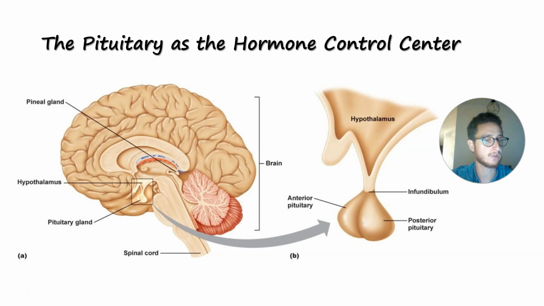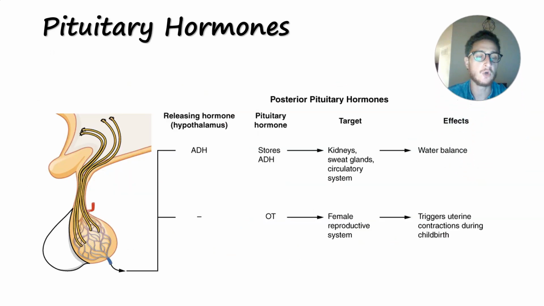So let's take a quick look at the posterior pituitary gland, which in and of itself isn't really an endocrine gland in that it's not really producing its own hormones. It's more of a spot where the nerve endings from the hypothalamus can interface directly with the blood and put a signal in there. It can also store some hormones.